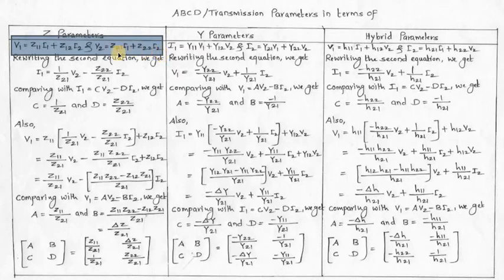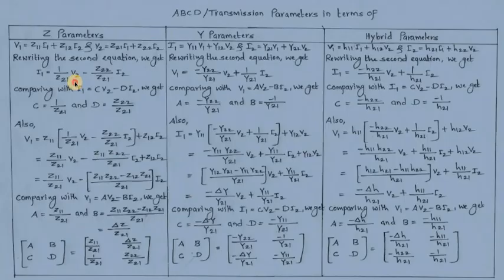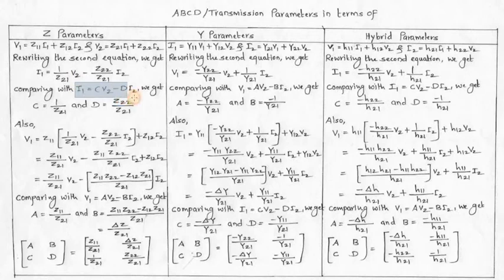If we rewrite equation number 2 in this fashion, so that we obtain I1 in terms of V2 and I2, then we can compare it with one of the equations defining ABCD parameters. We can clearly see that one of the equations is I1 is equal to CV2 minus DI2.